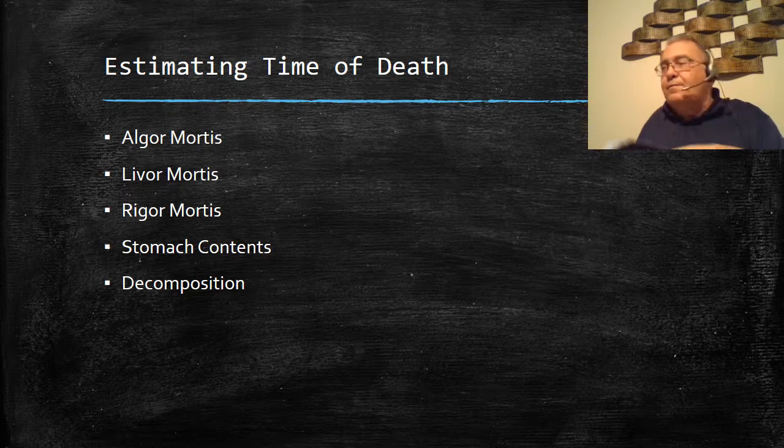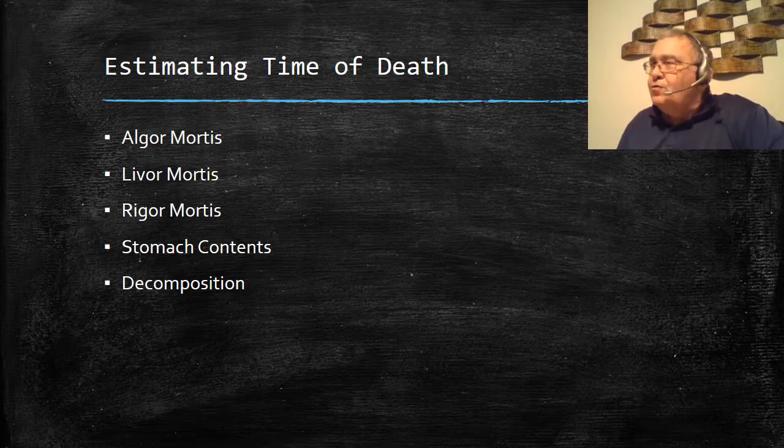Estimating the time of death. There are several terms related to this. First is algor mortis, the body's temperature. Normal body temperature is 98.6 within several degrees of variation. But as soon as the person becomes deceased, the body starts to cool at a rate of 1 to 1.5 degrees Fahrenheit per hour.